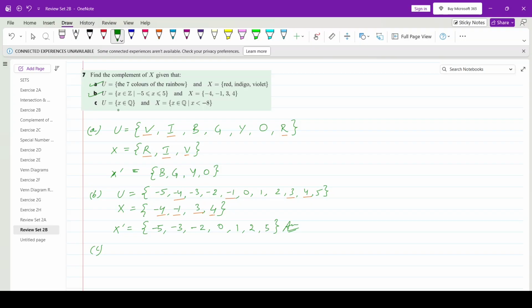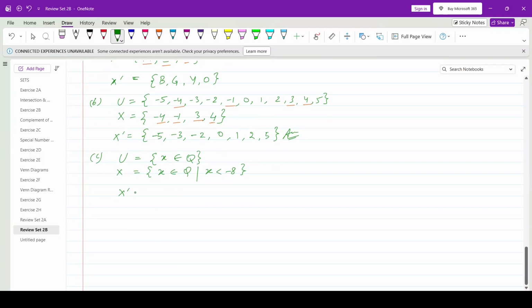C. Universal set is a set of all rational numbers. So this universal set is the set of all rational numbers. X is the set of all rational numbers less than -8.